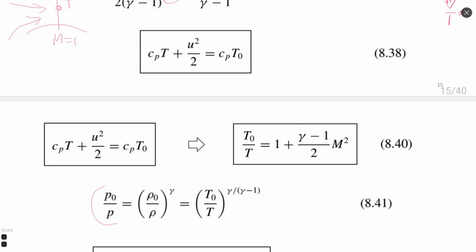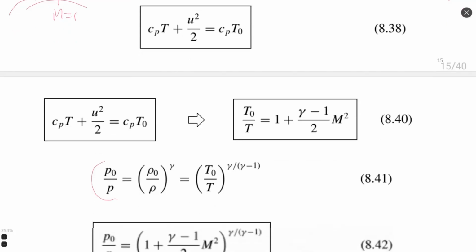How to obtain ratio of temperatures, for example? Using equation 38, we rewrite this equation in such a way that it becomes a function of Mach number. How is it done? Let's see. Let's make a small exercise, right?